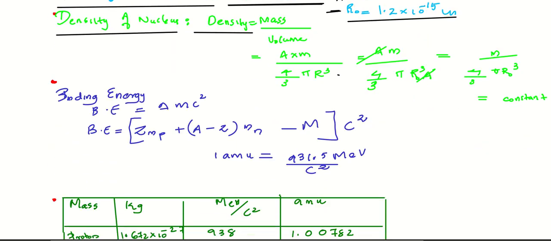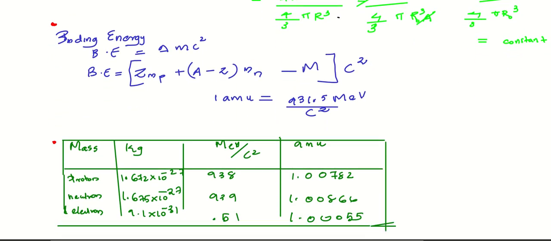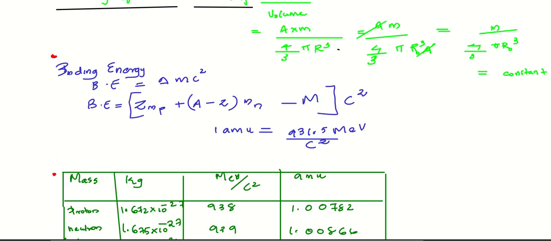Next, binding energy. Binding energy is equal to delta m c square. That is binding energy that's equal to Z M P, mass of proton into atomic number, plus mass of neutron into neutron number, that is mass number minus atomic number.